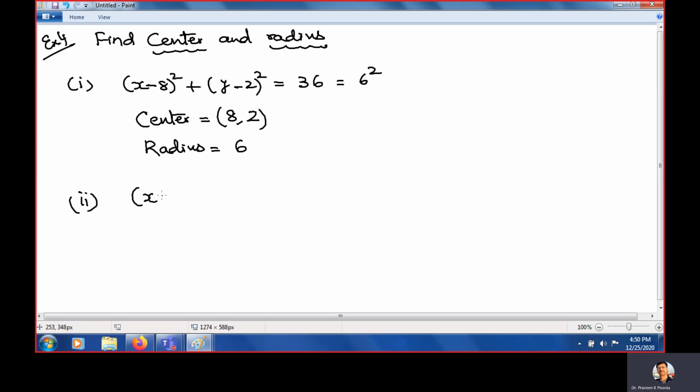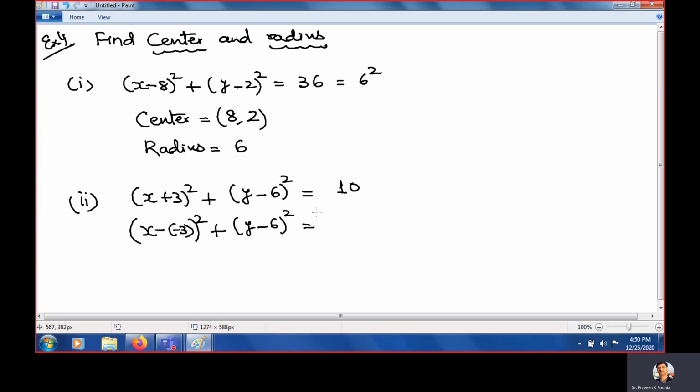Question number 2 is (x plus 3) whole square plus (y minus 6) whole square is equal to 10. Now you need to write this in standard form. If you remember, here is always minus because here is given plus, so we change it into minus. And here minus is given and it should be square.